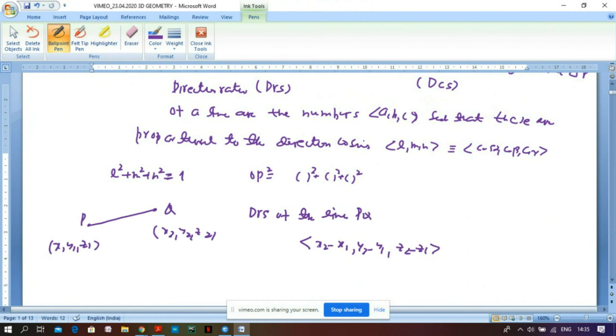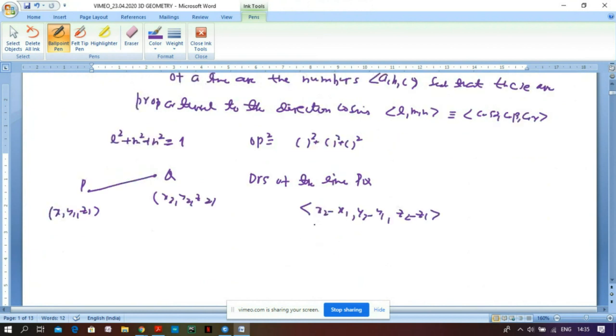You are just subtracting the coordinates of P from Q, or you can do the other way. These three numbers define the direction ratios of the line.